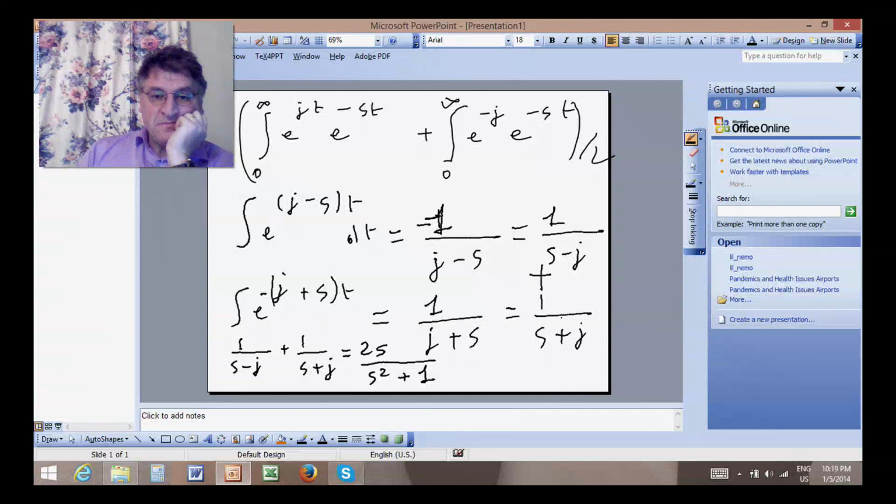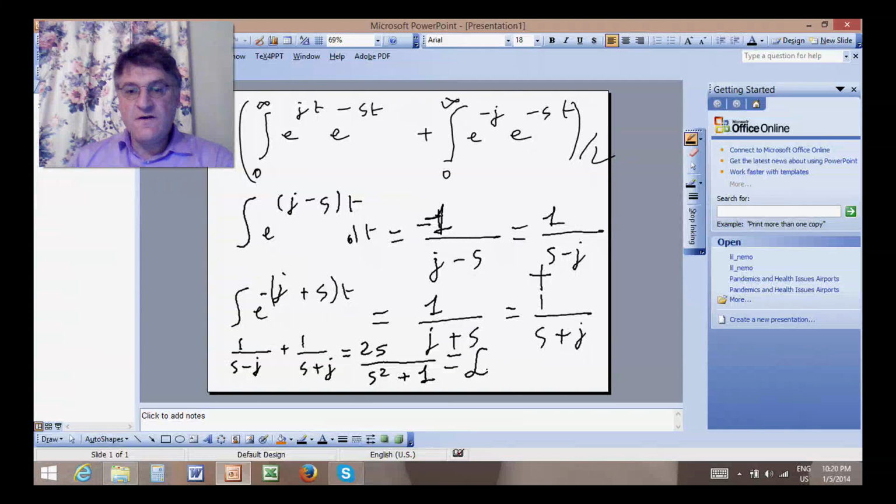Okay, now we can. So that's the Laplace transform of the cosine.